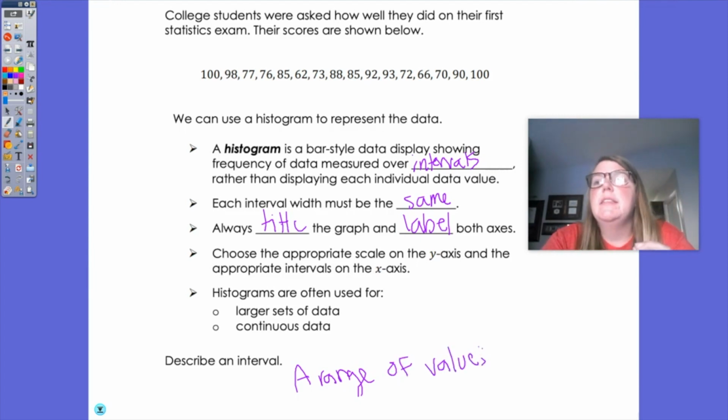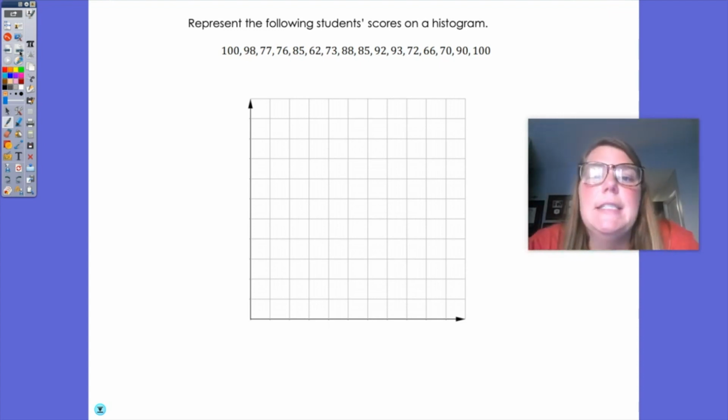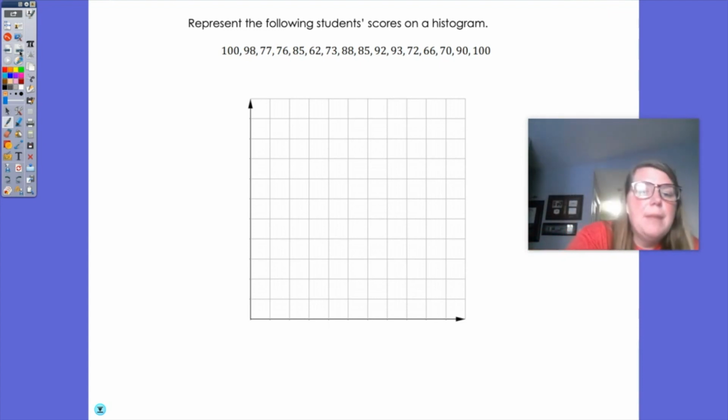So if we take this data of our statistics exam, let's create a histogram. Here's my histogram. I obviously want to make the exact same interval. The lowest score here looks like a 62, so I'm going to make my lowest point on my histogram 60.